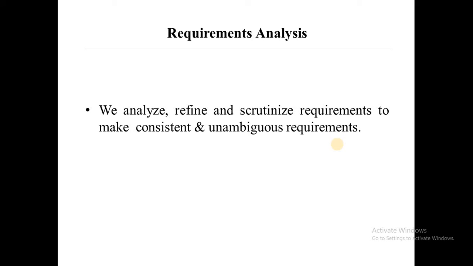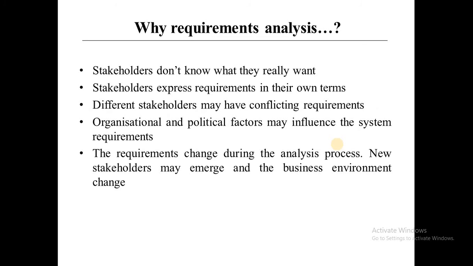Most of the time in reality, stakeholders don't know what exactly they really want. Sometimes we may encounter illiterate stakeholders who are not able to interact with the expert team, and most of the time they express their requirements in their own terms.